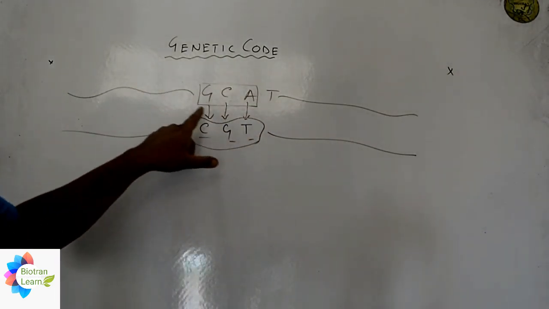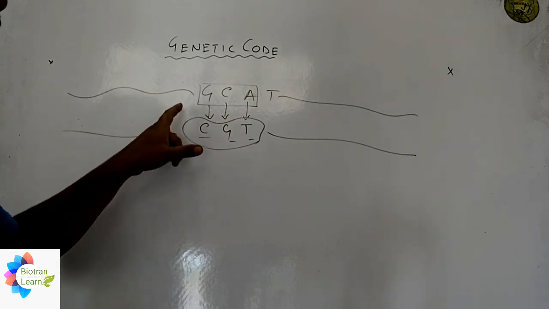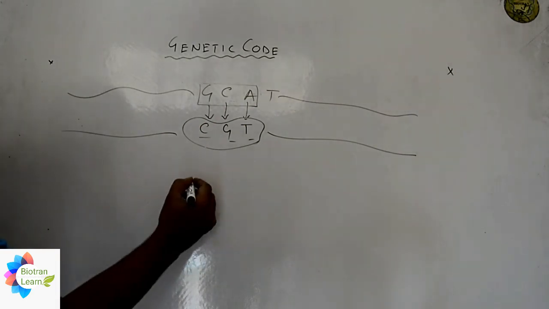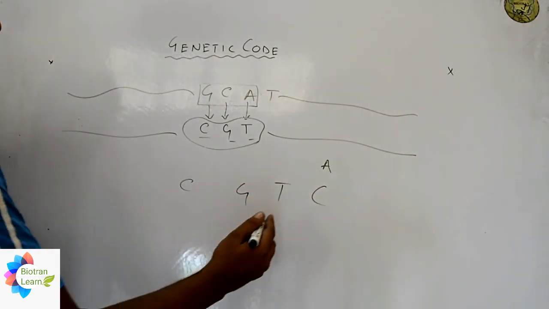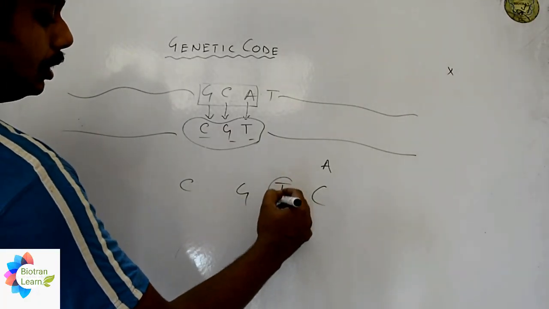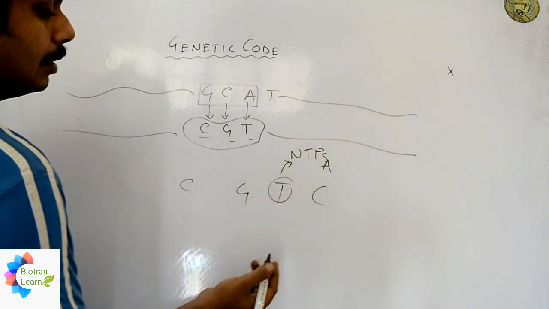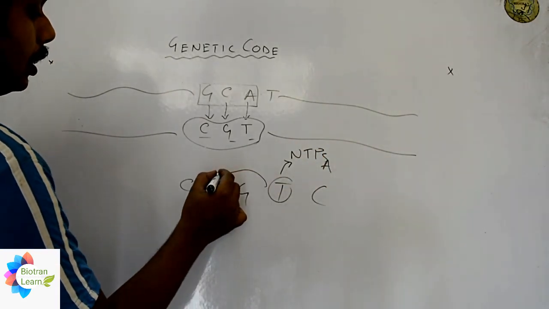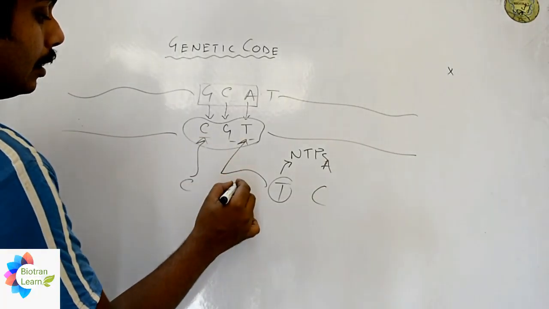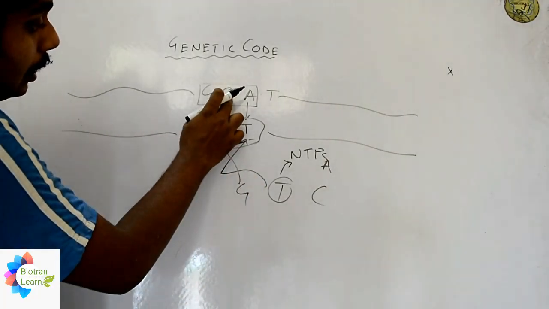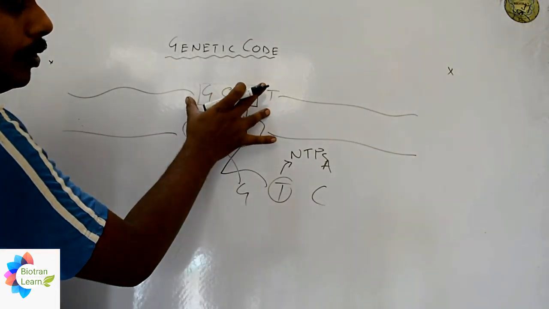If C, G, T, C, A are certain NTPs, these entities will come forward and sit in each place where they are required, according to the code written in this particular section of a gene.